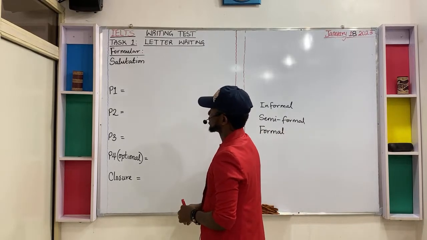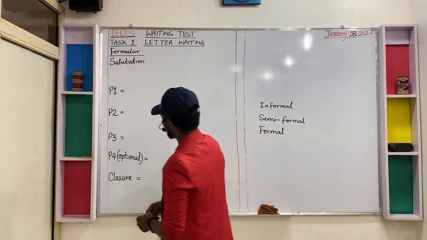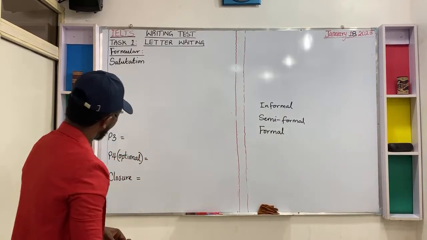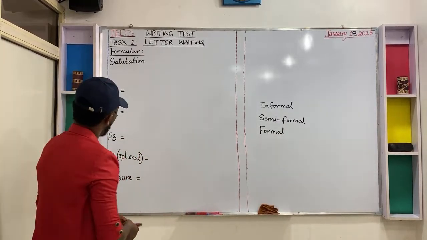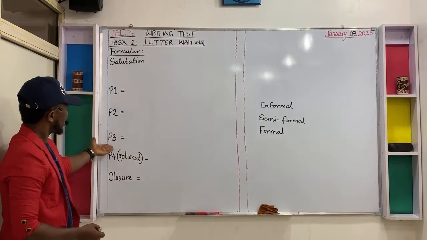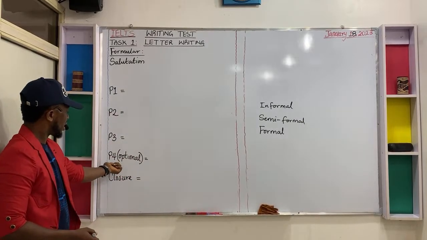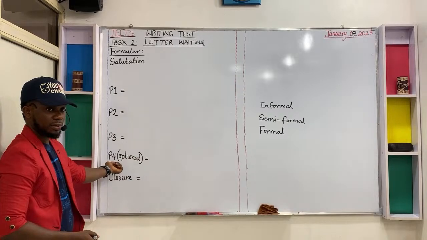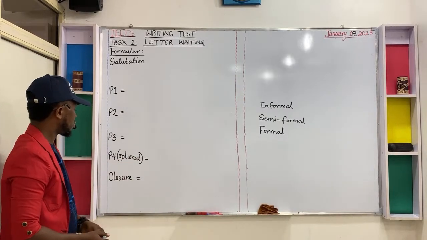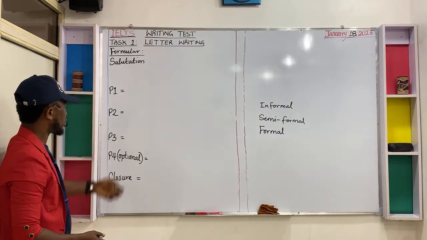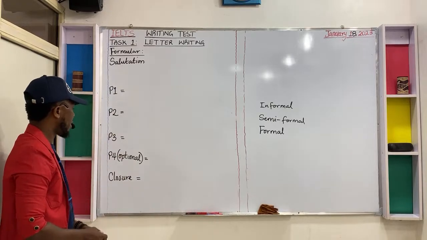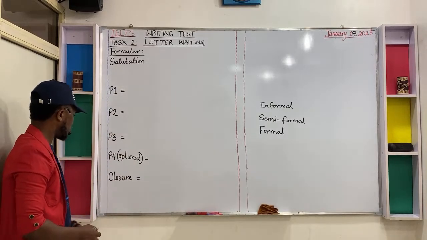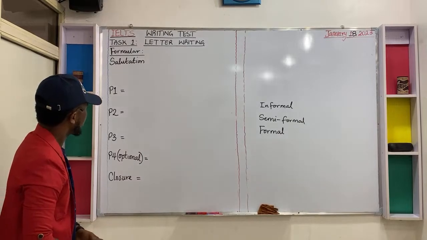And then after that, you are expected to have 3 to 4 paragraphs. You can see that the 4th paragraph here is optional, so it's not compulsory. You can either have 3 compulsory paragraphs or 4 paragraphs. Then lastly, you're meant to have your closure.